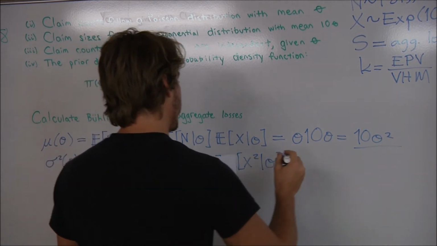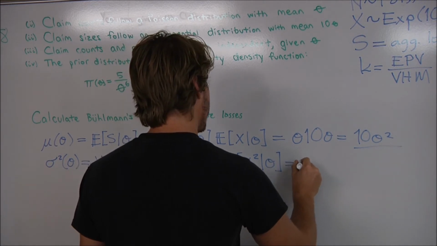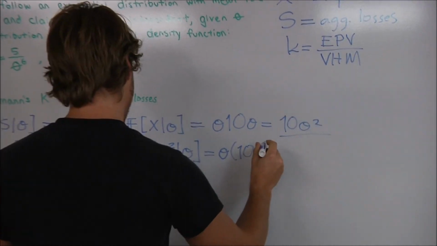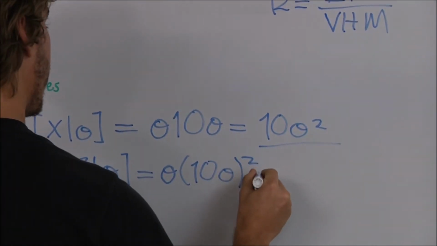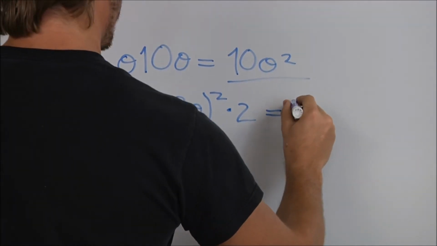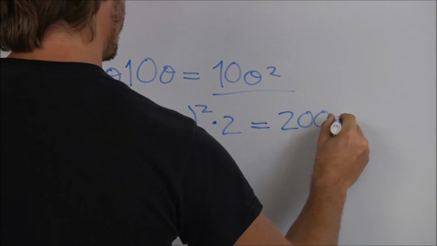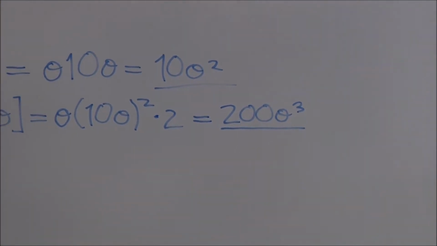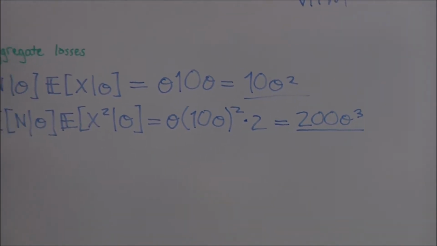And that is, from your tables again, going to be equal to theta times 10 theta squared times 2 equals 200 theta cubed. All right, now Alan's going to tell you how to find the population mean.